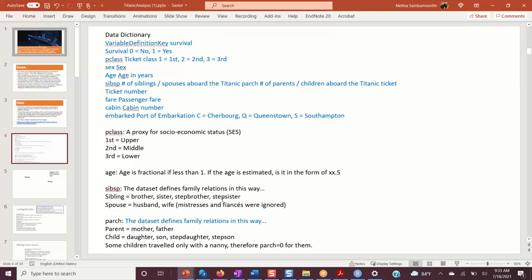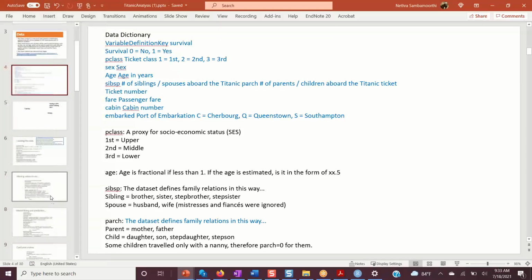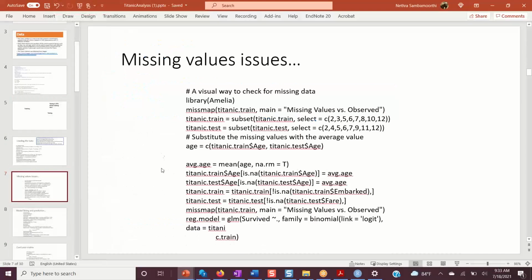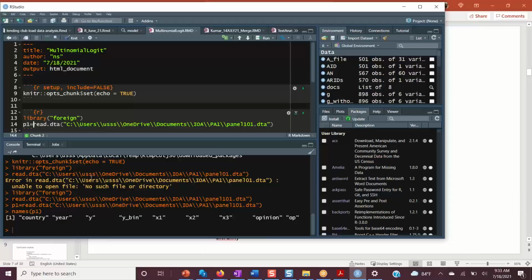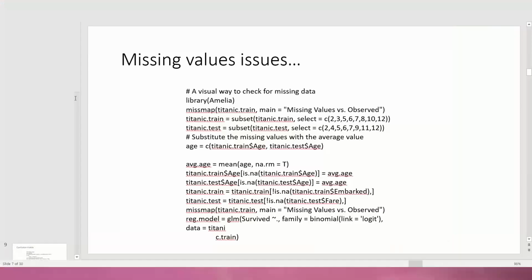Are you able to go ahead? Do you want to say something? I thought I heard some voice. Okay, no problem. So in this data set, we are trying to predict the socioeconomic status through the passenger class. That is our purpose.